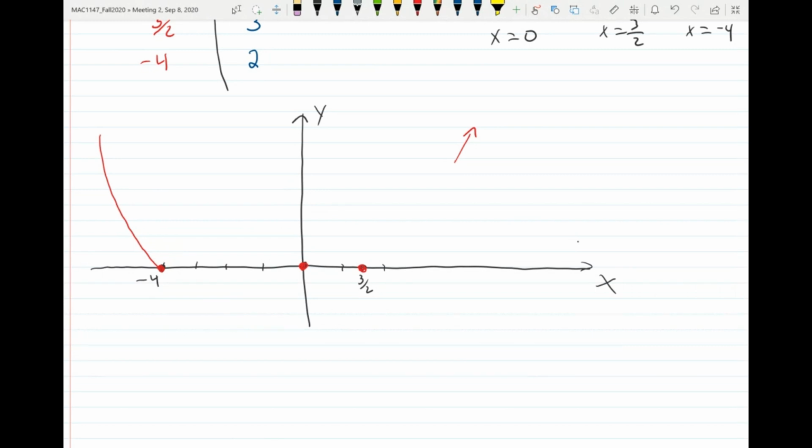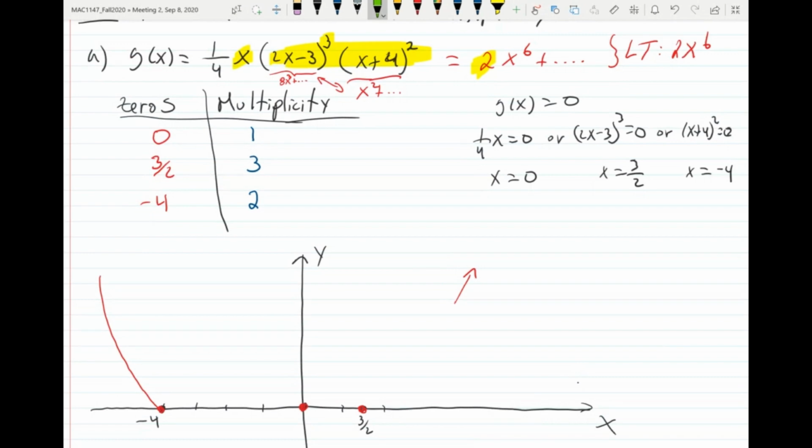Okay, so in some of the readings that you should have done, it tells you that the multiplicity gives you exactly this information. Even multiplicity means that at that 0, the graph of the function is going to bounce off the x-axis. So you're going to touch the point only. You're not going to cross it. If your function was positive to the left, it remains positive to the right.